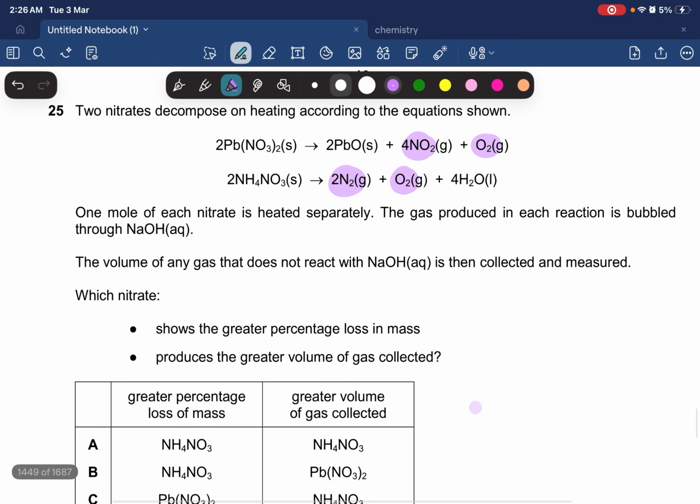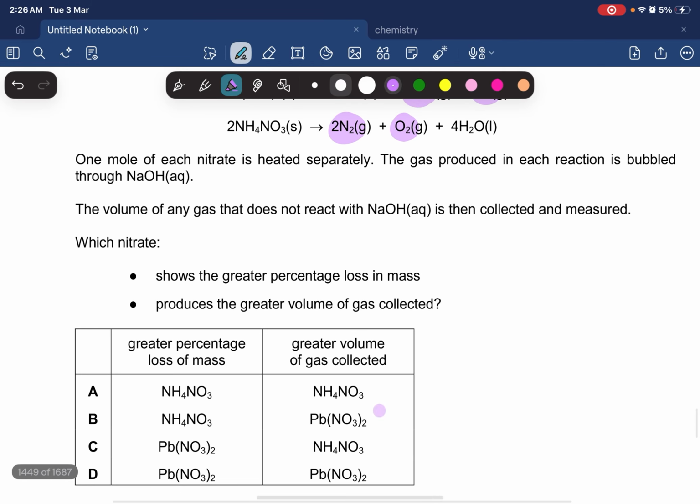Okay, ammonium nitrate. Now, greater percentage loss of mass. The volume of any gas that does not react with NaOH is collected and measured. Which nitrate shows the greater percentage loss in mass? 1 mole of each nitrate is heated separately.